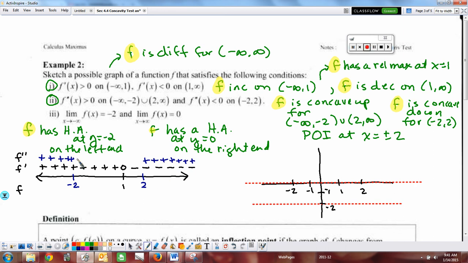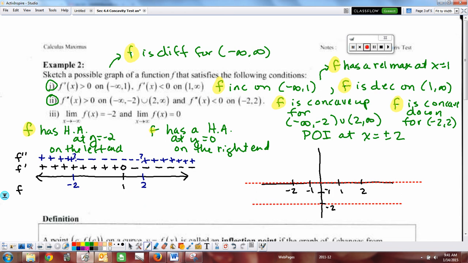And I know that in between -2 and 2, it was negative. Now I don't really know what the second derivative is at -2. It may be either undefined or 0. We'll worry about that later. I'll just put a question mark right there and there for now. There's not enough information to figure that out.